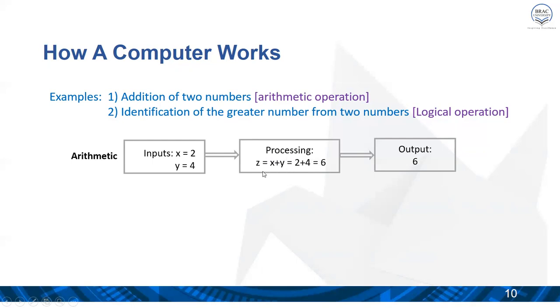This function actually performs addition of two numbers stored in the x and y variables, and after addition the result will be stored in the variable g. As the input numbers are 2 and 4 here, so the result will be 6.